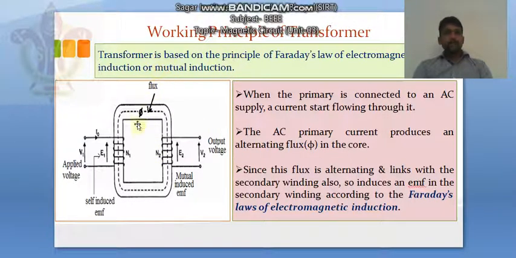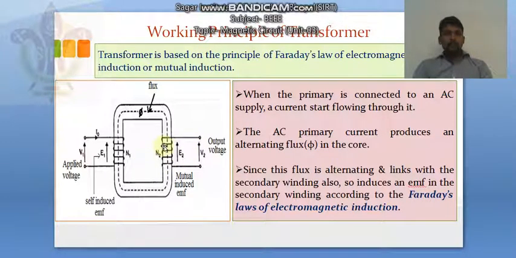As you know, a coil having a flux, and some part of its flux can be linked with the secondary winding. So the quantity of the flux which is linked with the secondary winding is called mutual induction.